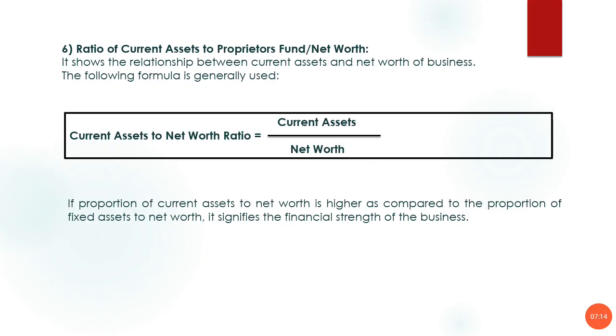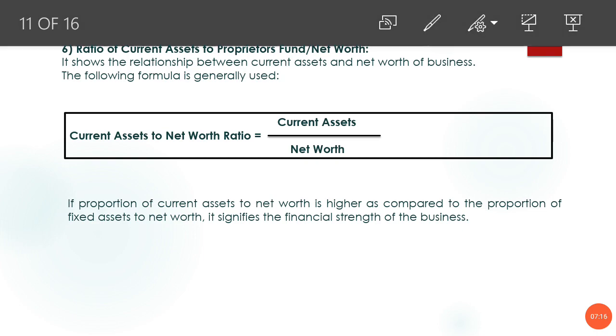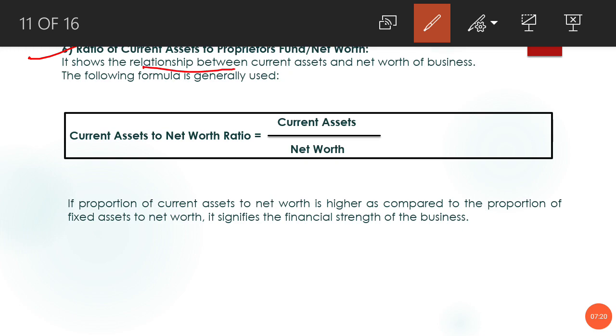6. Ratio of current assets to proprietors fund or net worth. It shows the relationship between current assets and net worth of the business. The following formula is generally used. Current asset to net worth ratio is equal to current assets divided by net worth.